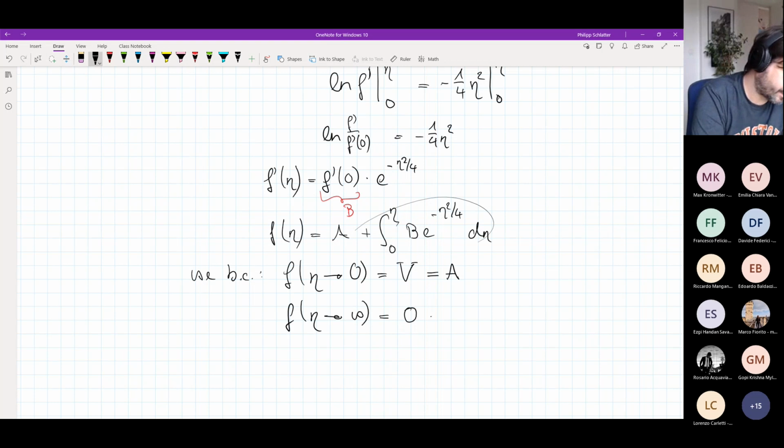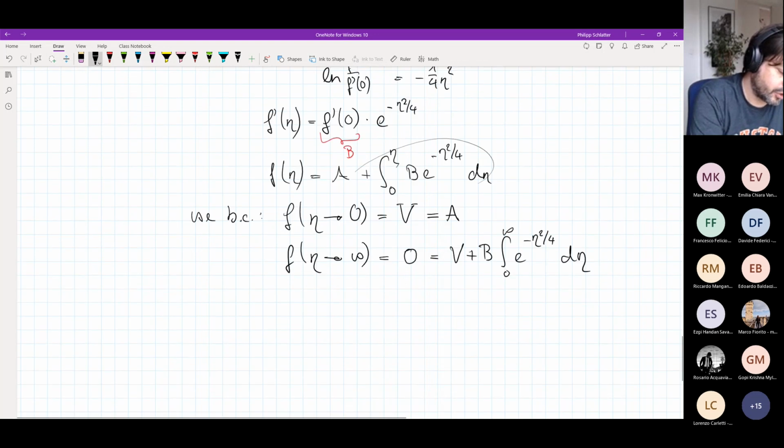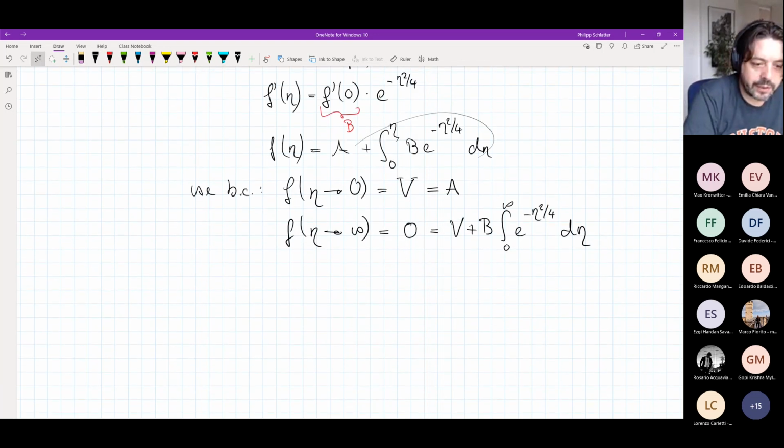So that means f at infinity is 0, and when we now put this in the equation, it means v plus b times the integral from 0 to infinity of e to the minus eta squared divided by 4 d eta. So this would now define the b.